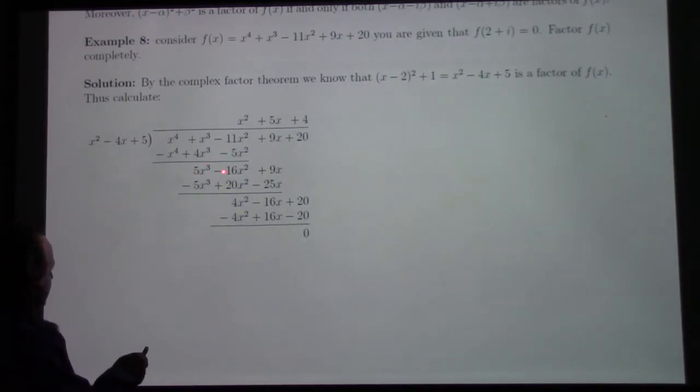Subtract that, I get this. Then I need a 5x to get 5x cubed from over here, multiplying that. And then I subtract those, I get 4x squared minus 16x plus 20. To get this 4x squared, I put the 4 here. 4 times x squared is 4x squared. 4 times 4 is 16. 4 times 5 is 20. Thankfully, we get 0 again.